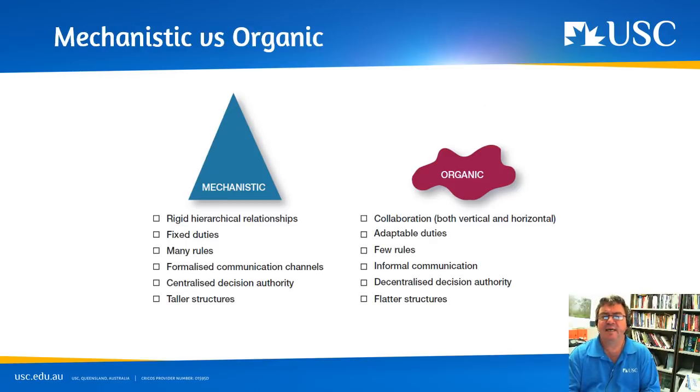Last one, mechanistic versus organic organisation. So have a look down at the lists there. Mechanistic, rigid hierarchical relationships. What this means is that in my chain of command, I'm unable to go across. If I was the worker in the marketing department, I would need to discuss my concerns or ideas with the marketing department manager.